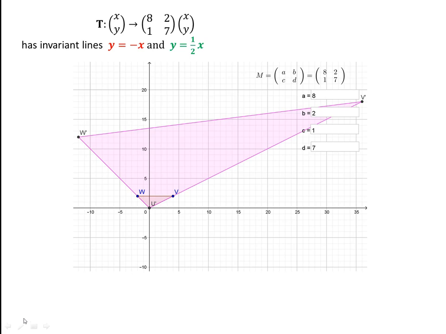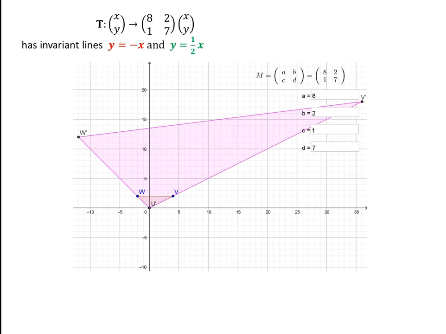It's the same line as the line UV, but the point V has moved to the point V dash. The point V was the point 4, 2, the point V dash is the point 36, 18. So the point V has moved to a point V dash which is 9 times further out from the origin than V was.